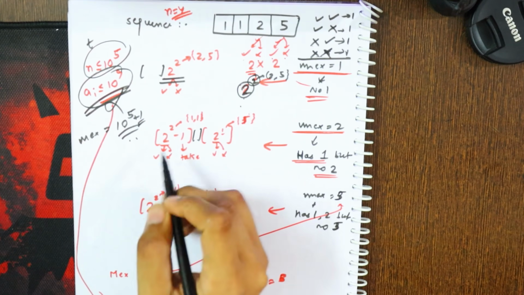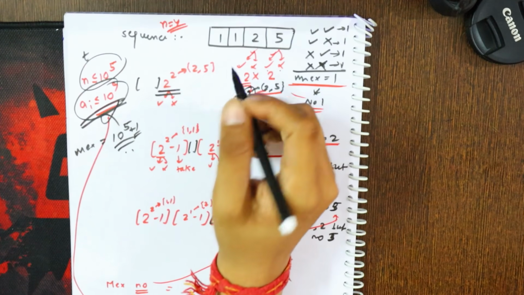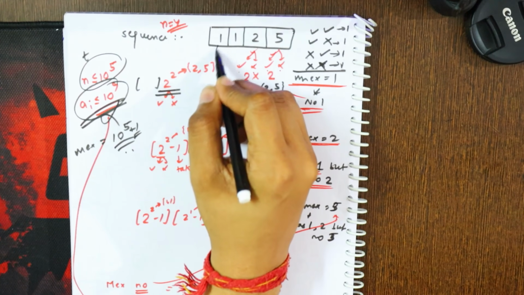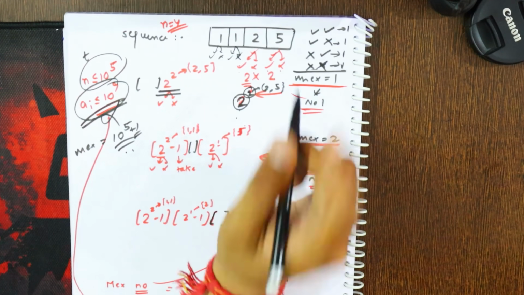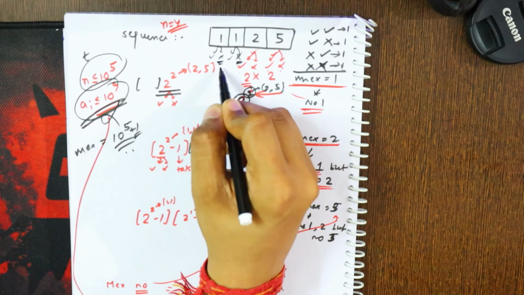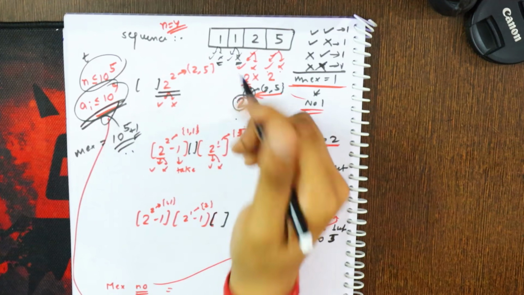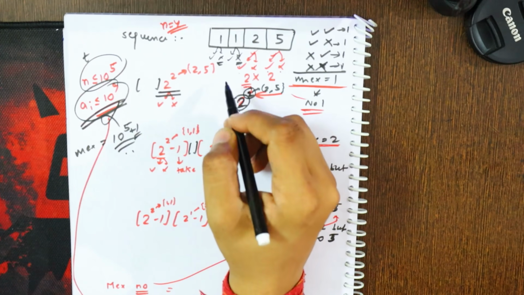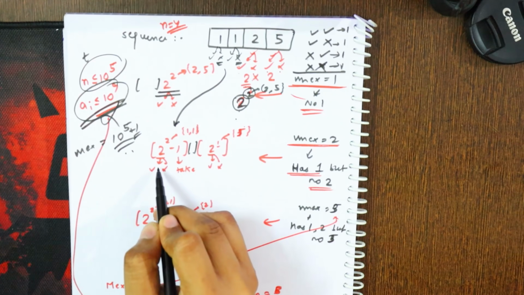See, for this, if I see this, then for the 1 here, either I will have it, or I will not have it. For this, either I will have it, or I will not have it. But as you can see, the case when I don't have it, I actually don't want it, I actually want at least 1, so I will do -1. So as you can see here, it is the case.